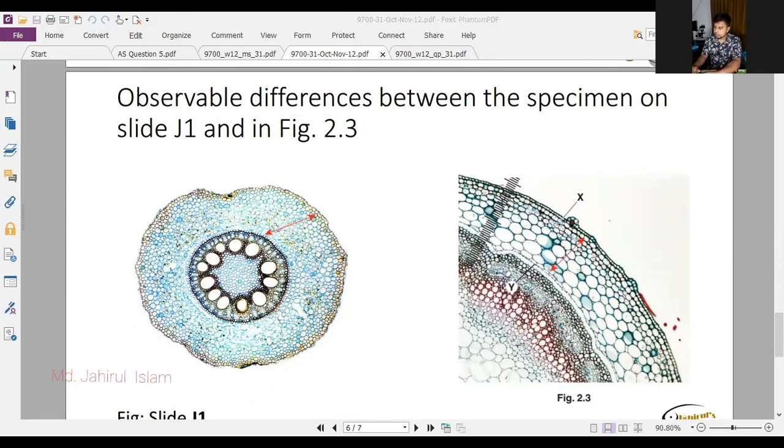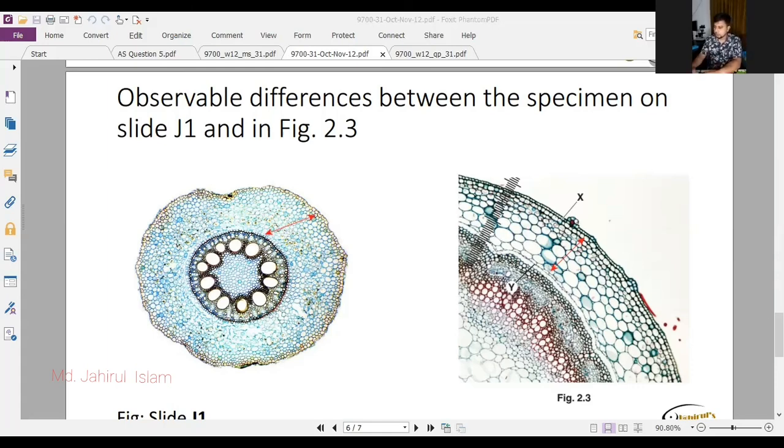You see that the epidermis and endodermis are not present here, and the position of the vascular bundle is actually in the center. Number of xylem vessels, the phloem, cambium, everything you are observing here. Okay, so I'm showing you the picture.